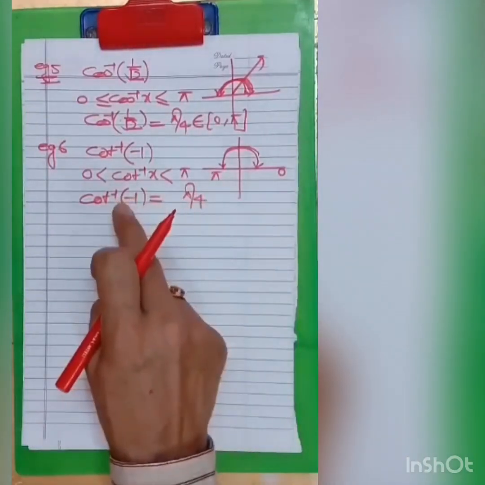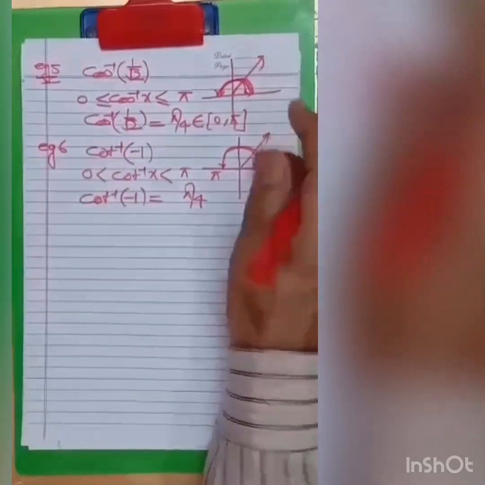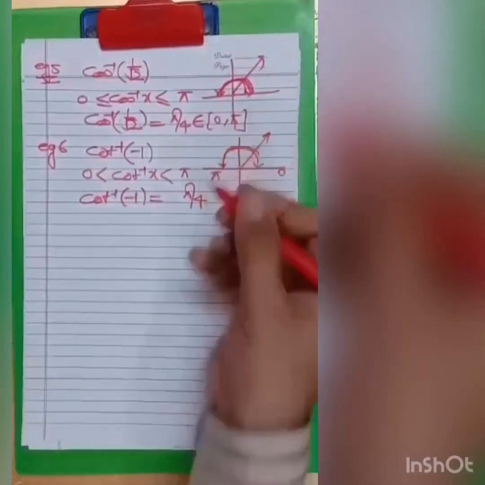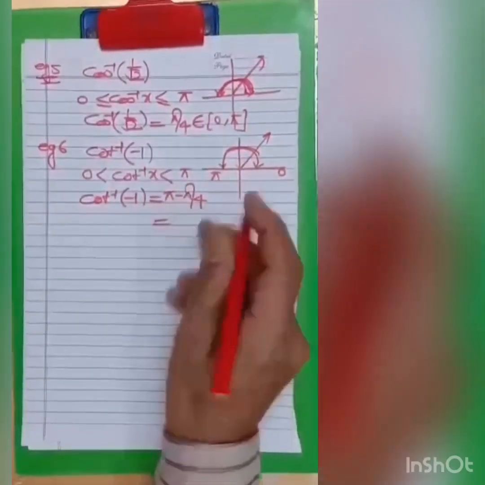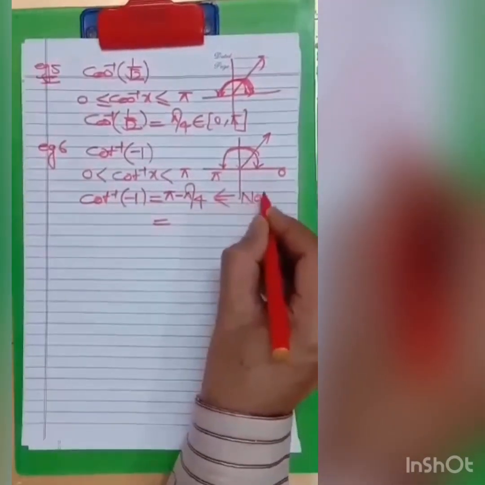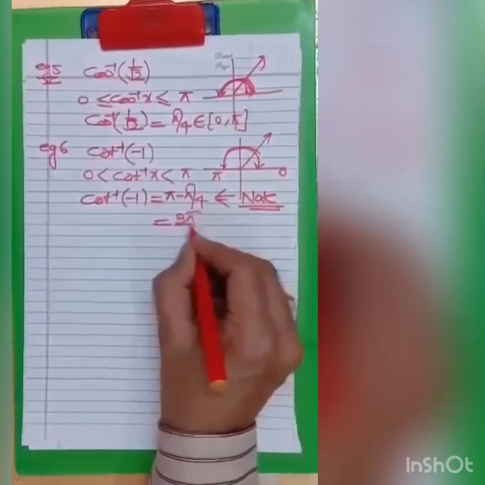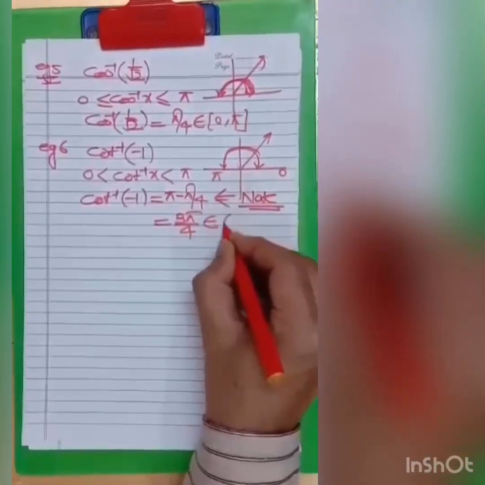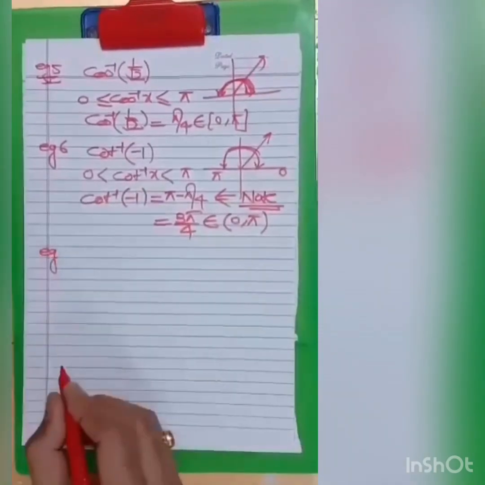Because it is negative, it should not be lying in this quadrant because it is the first quadrant. It will lie in the second quadrant. So how can you shift your angle to the second quadrant? Subtract from pi. Remember, please note it carefully. Whenever we have to shift our angle to the second quadrant, we have to subtract from pi. Now it is your principal value range.